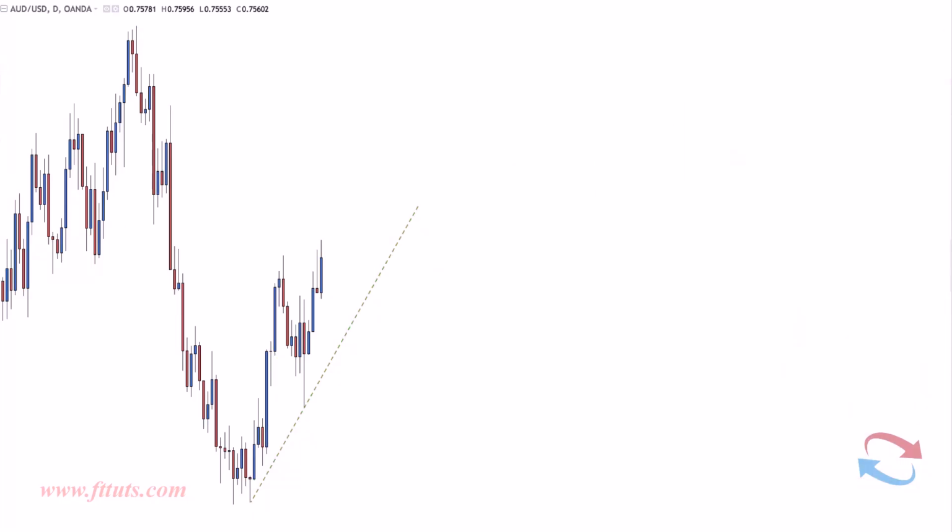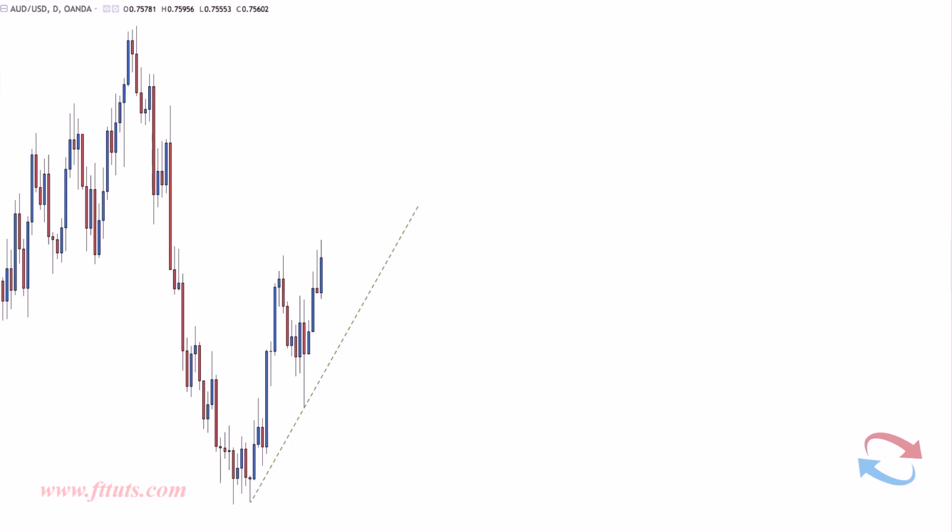So when I was previously talking about not moving your trend line, let's stay on the same chart and look at when we should move the trend line, right?